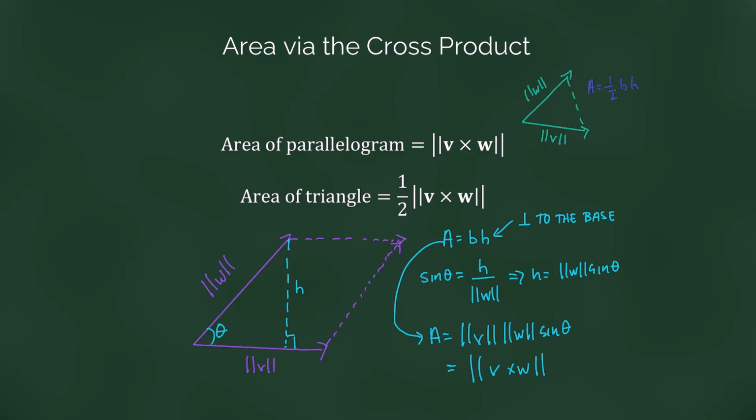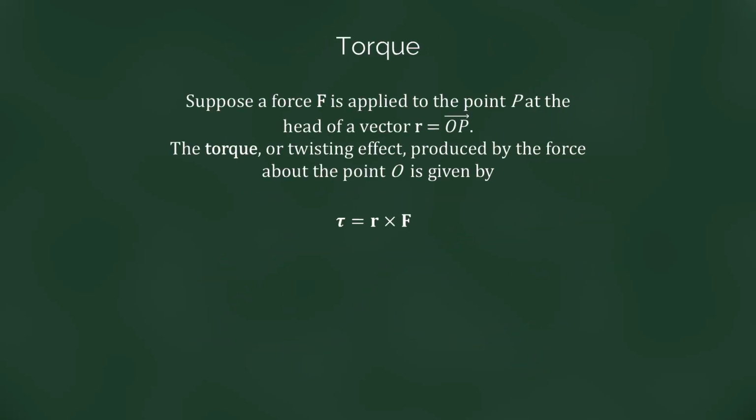So if I pick v to be my base, my height is going to be perpendicular to the base. Again, over here we have our angle, theta. So we see again that h is going to be equal to the magnitude of w times the sine of theta. Same reasoning we used in our parallelogram, so that our area then is 1/2 the magnitude of v times the magnitude of w times the sine of theta, which is 1/2 the magnitude of the cross product of those two vectors. So area is one of our applications.